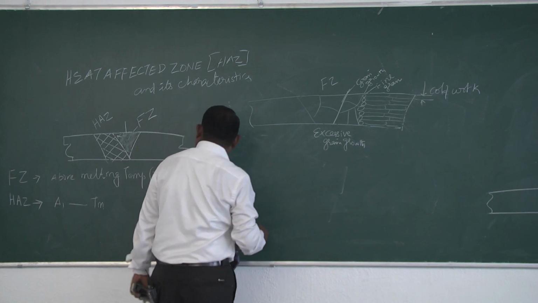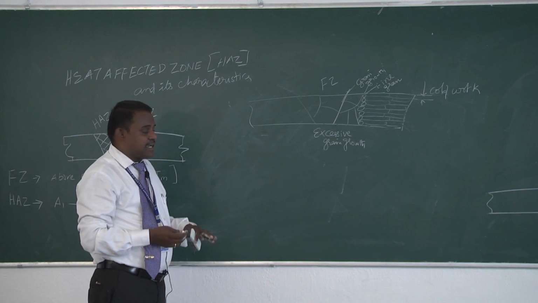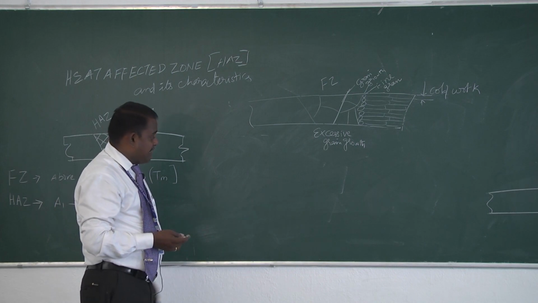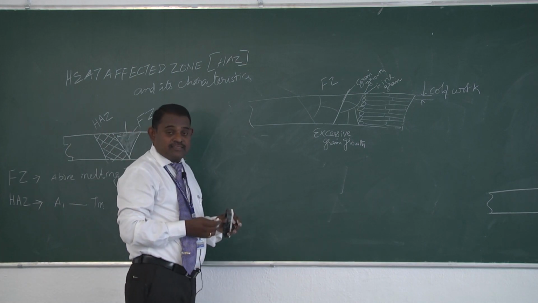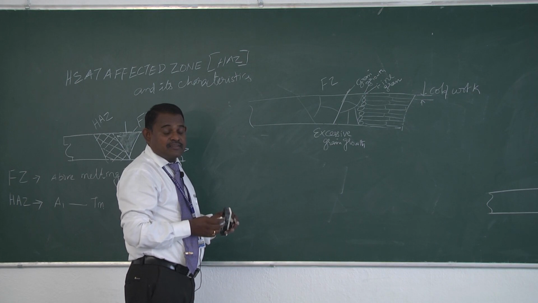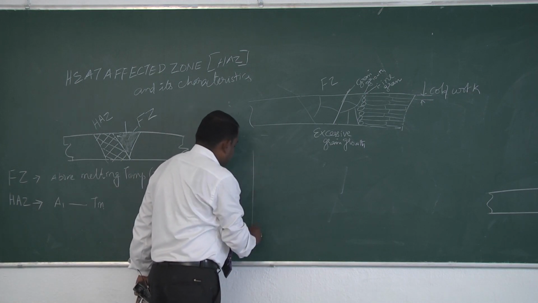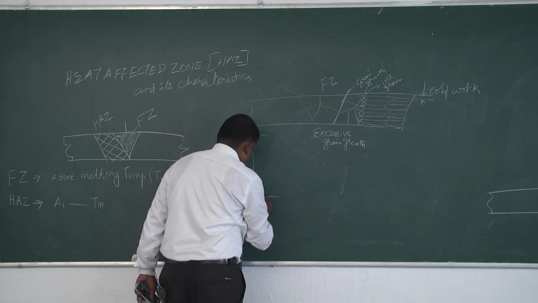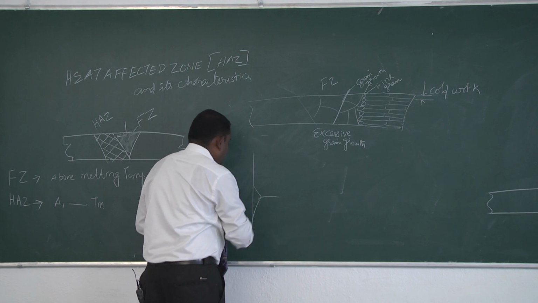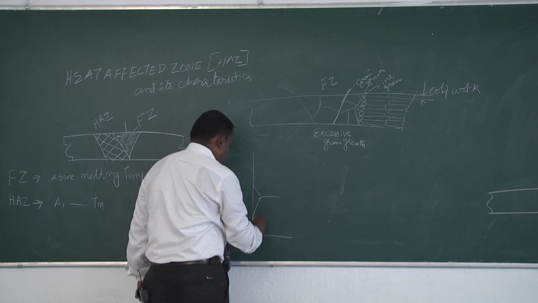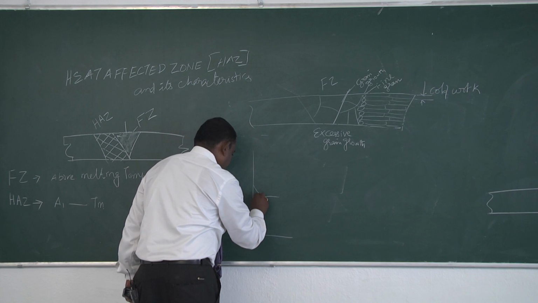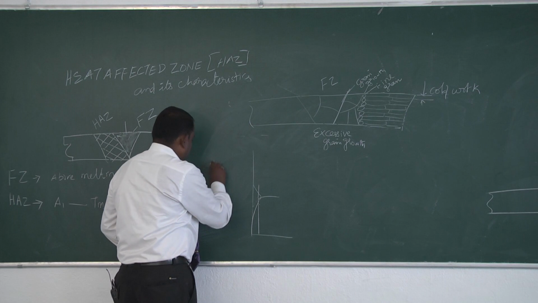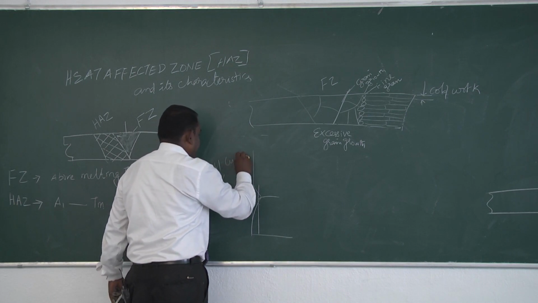The other materials which do not have any kind of allotropic transformation will behave in a different way because they are strengthened only by precipitate addition. Aluminum is a common example for this one. Aluminum, copper, nickel.